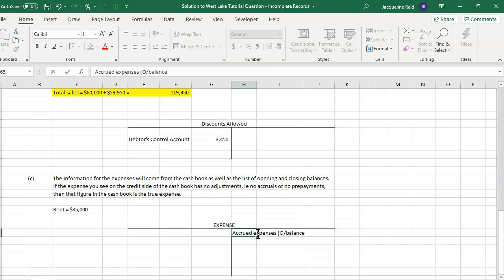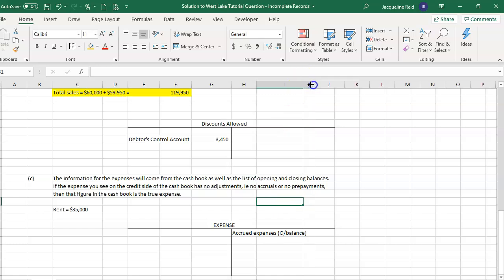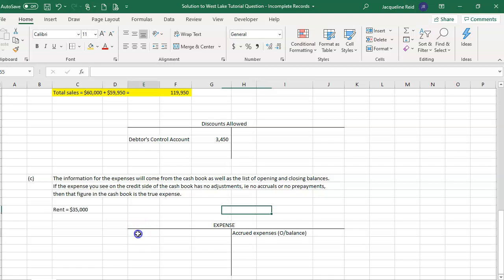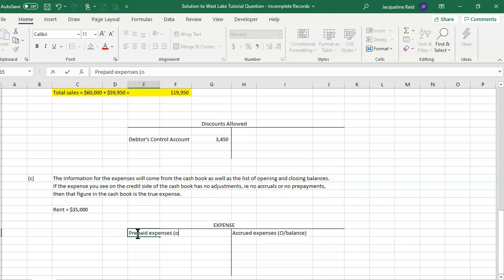All right? Likewise, if you have a prepaid expense, prepayments are assets. So if you're starting the year with an opening balance that is a prepaid expense, it means that you have to debit the figure. Okay?